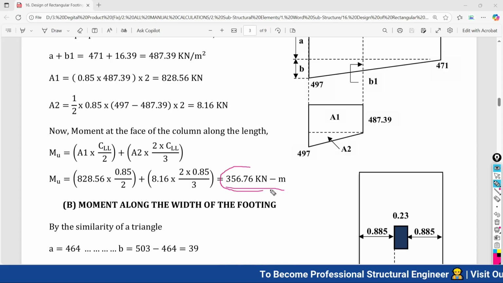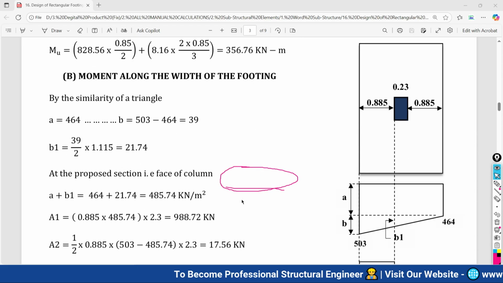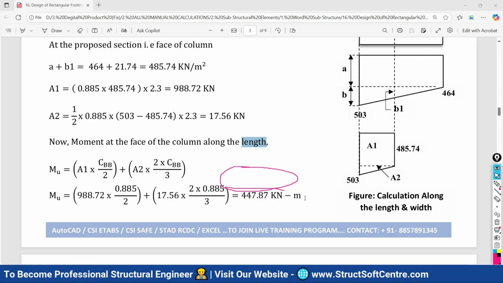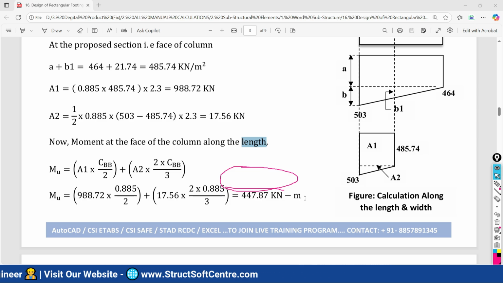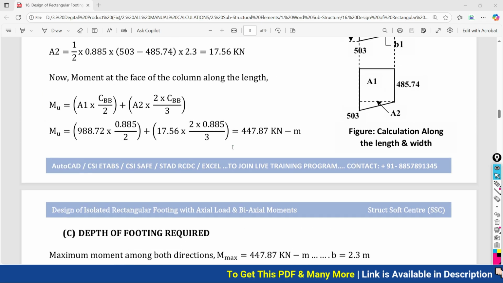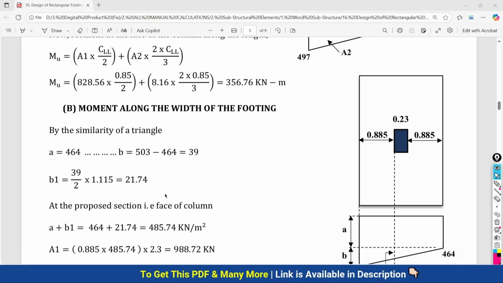Along the length 356.76 and along the width 447.87 kilonewton meter. So finally we have calculated the maximum ultimate moment at the face of your column in both directions. After doing the calculation for the moment along the length and width, we are going to calculate the depth required for the footing.